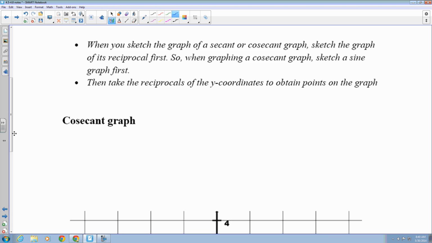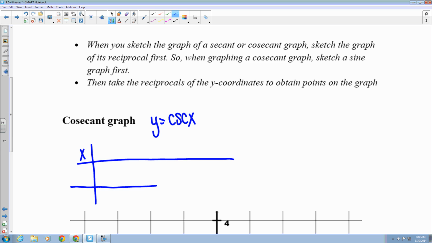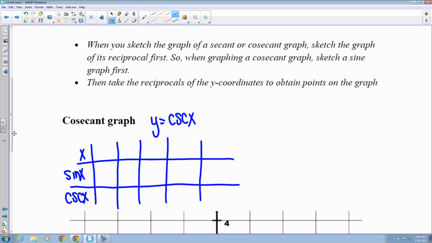So I will show you the process, but really you're just going to go through and graph the original. So we're just going to start with cosecant of x. So we're going to go through and graph not only cosecant, but we're going to graph sine first. With the 5 key points of sine, and then go from there.